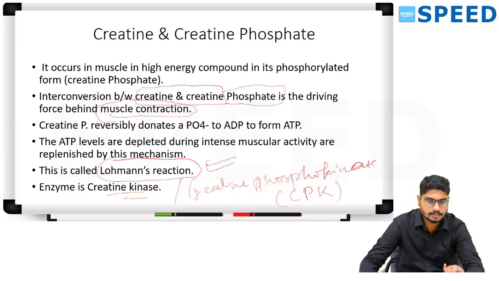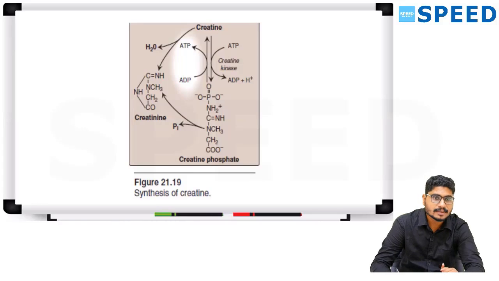So let's look at the reaction. We have creatine, and this creatine is phosphorylated to creatine phosphate and stored as a high energy compound.